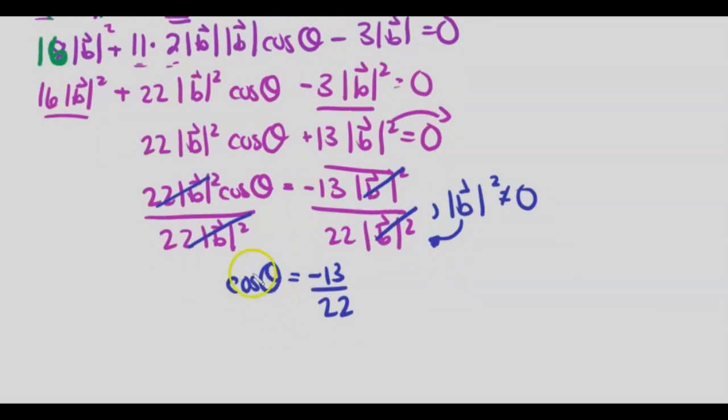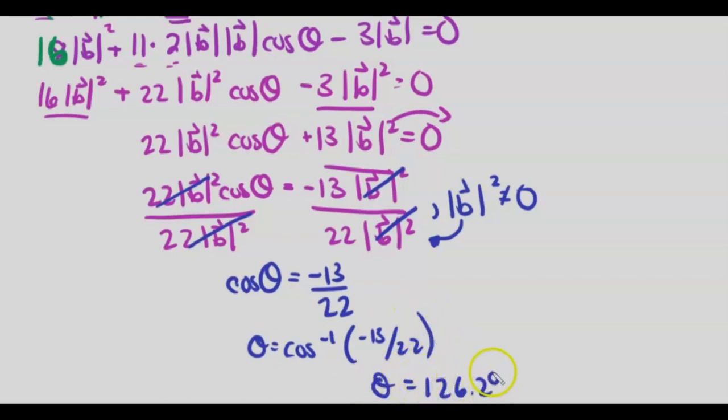Okay, and then simply in order to get the cos off of the theta, we're going to cos inverse both sides. Okay, so we get theta equals 126.2 degrees. Okay, so the angle between these two vectors is 126 degrees.